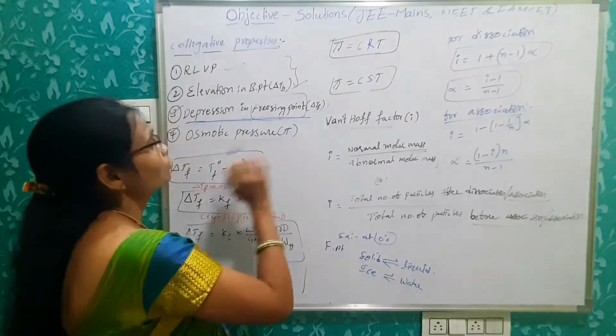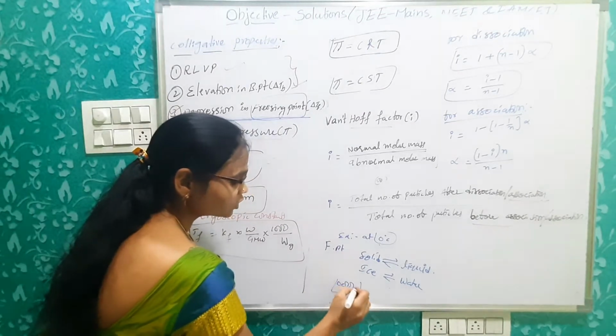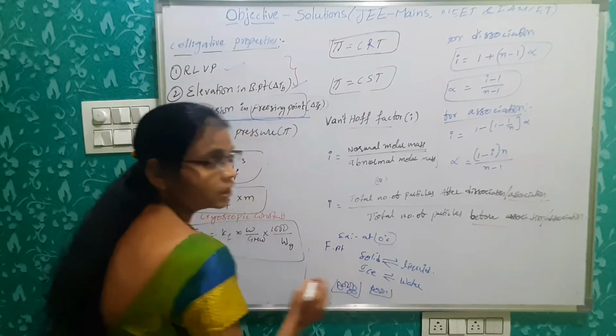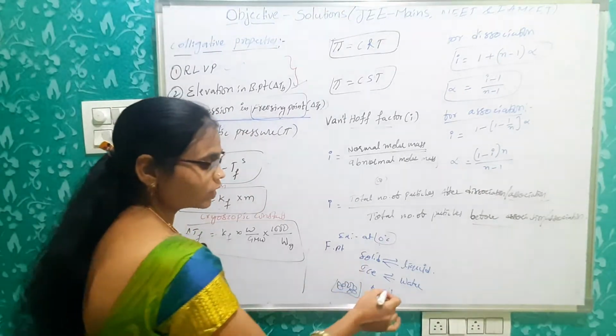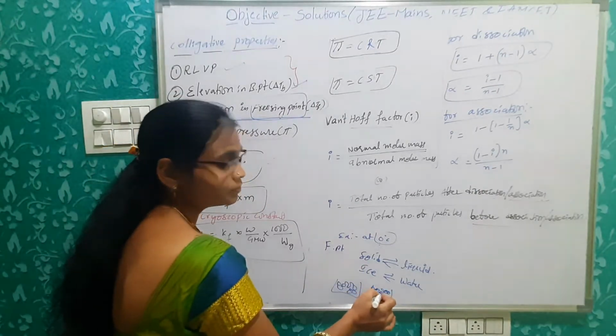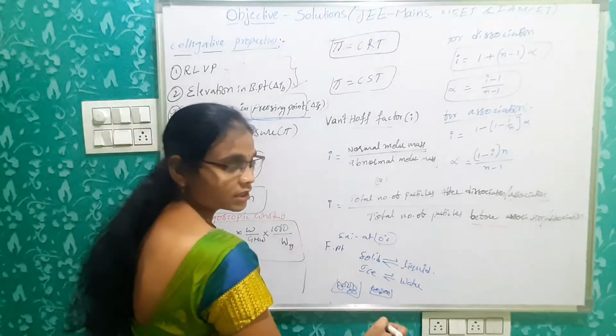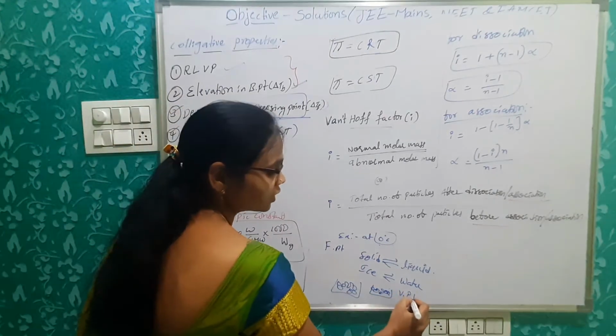From pure solvent to solution, the freezing point decreases, because in a solution some of the solute particles occupy the surface area. So evaporation decreases, so vapor pressure decreases.